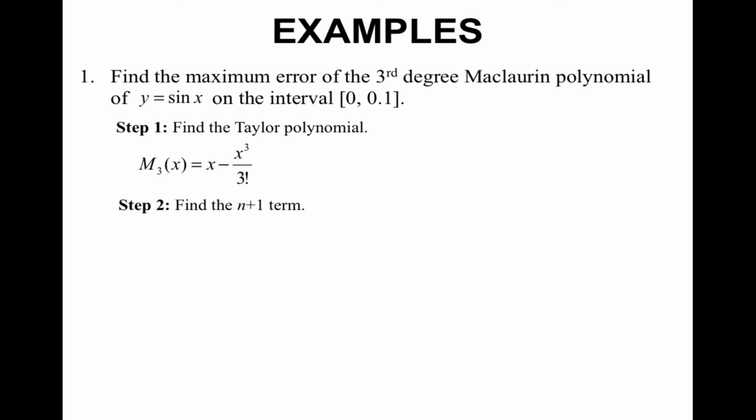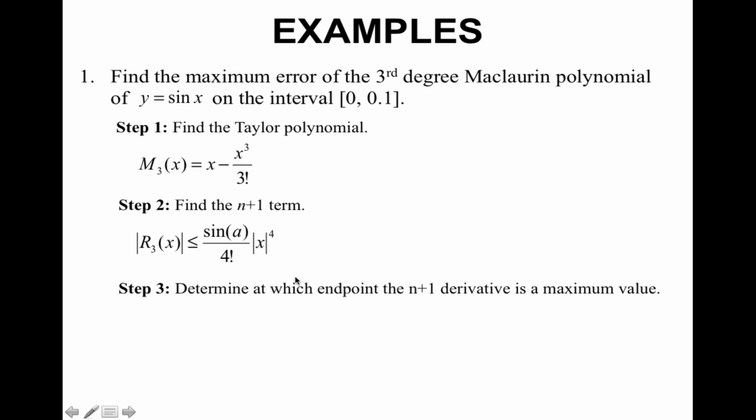Now your next step is to find the n plus 1 term, which basically means that my remainder after the third degree has to be less than or equal to the sine of a over 4 factorial times the absolute value of x to the 4th.